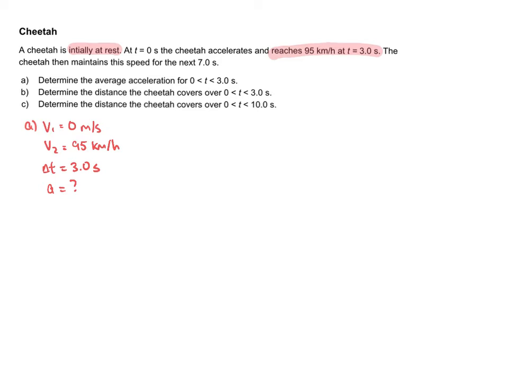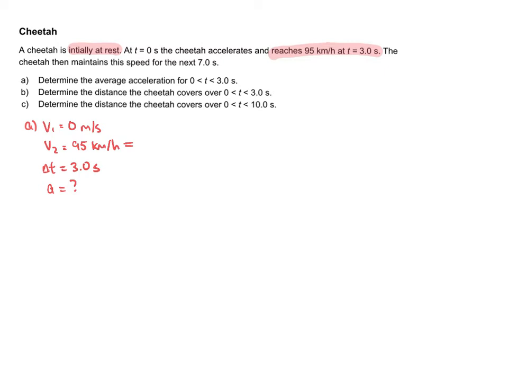So I think the easiest thing to do in this situation is to convert the 95 kilometers per hour into meters per second. The shortcut way to do that would be to divide by a conversion factor of 3.6. If you don't know that shortcut, then you just do it the long way, think it through.